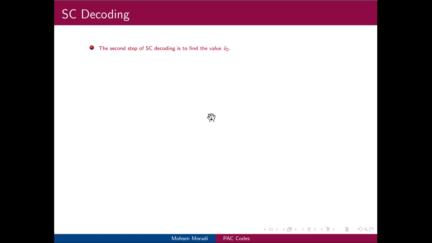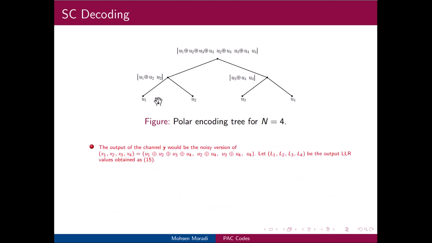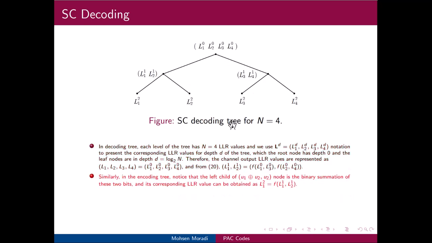Now let's go back to our tree. For the second bit that we should obtain from here, we obtain U2. Since we estimated U1 and U2, we can obtain an estimate of these ones. So we can use the G function in here to obtain these two LLRs. The G function needs these LLRs and also the estimates of U1 plus U2 and U2. And again, we use the F function in here.